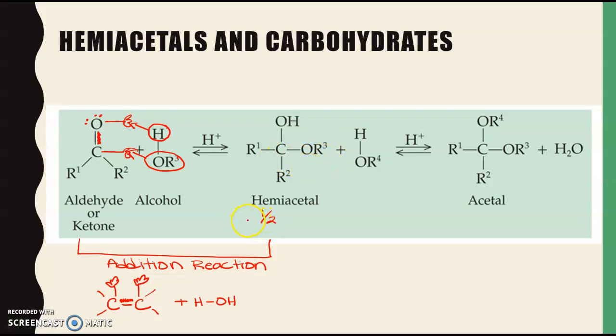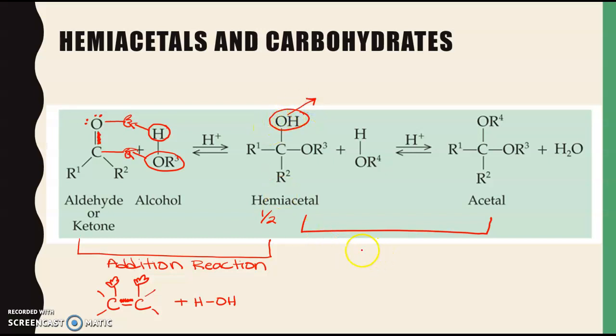Now this portion does not occur by addition, because we don't have a double bond to add across. It looks a lot more like substitution. We're going to substitute something off, and what we're substituting off is this hydroxyl group.